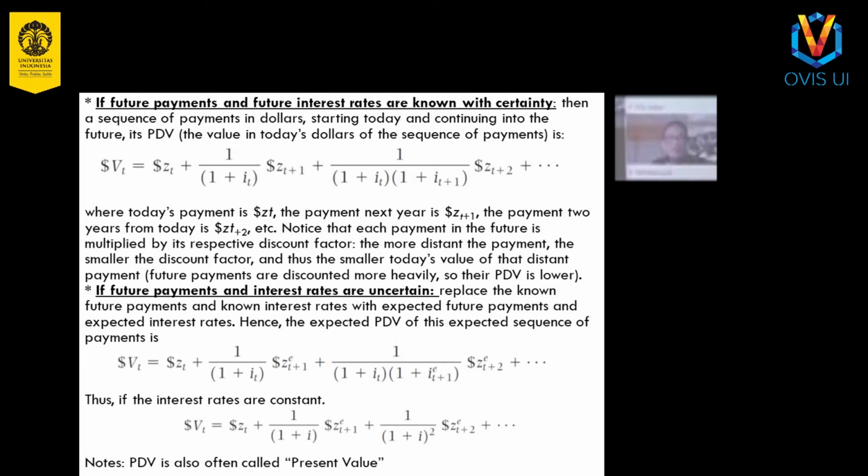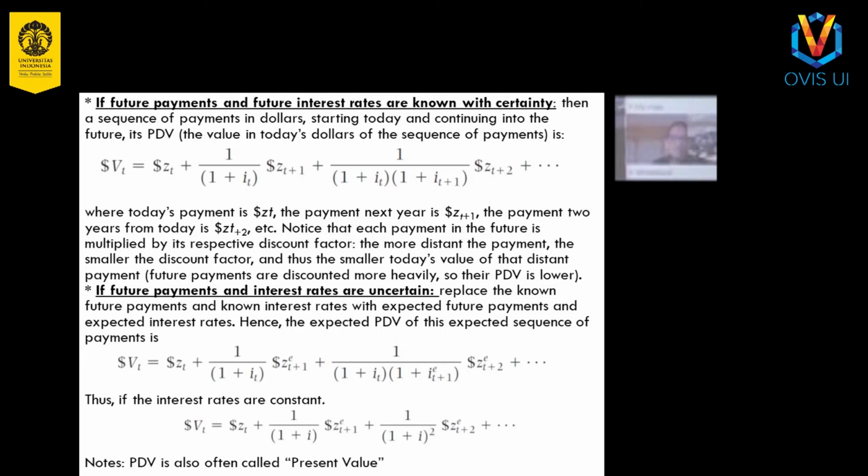What about the t+2? Well, this is your payment t+2, but it has to be discounted by how much? By this much. So now you recall why a few minutes ago I tried to explain where this component is coming from, by using the example if you lend $1, how much you will get 2 years from now.